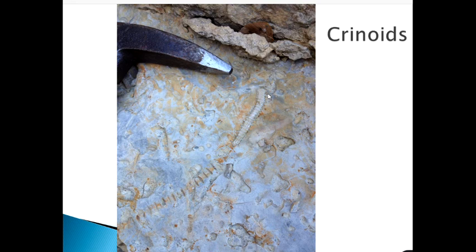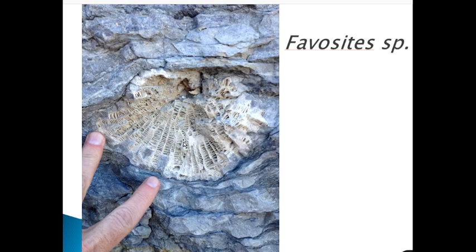They have only ever lived in the oceans, so finding a fossil of it again verifies that these are ocean type rocks. This beast right here between my fingers, it looks like a beehive or something like that, and it's actually called a honeycomb coral. It's a coral head. And again, as many of you know, corals are found in the oceans, not on land.